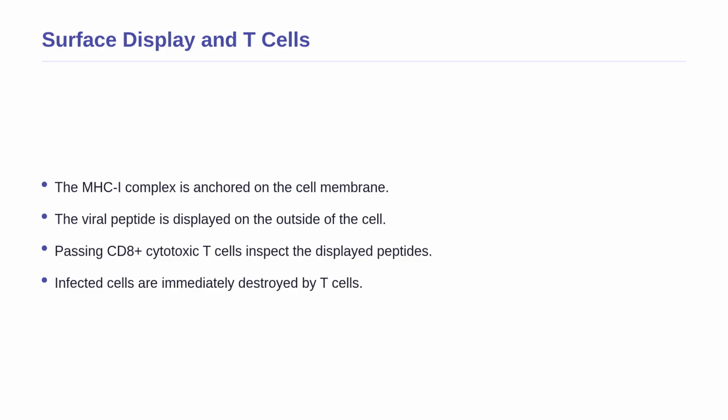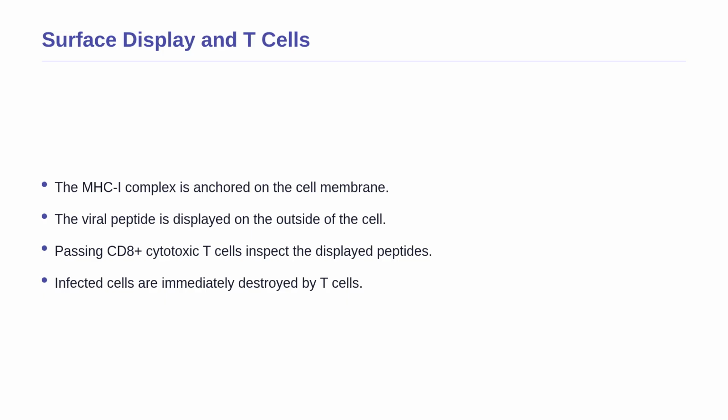Following its journey through the Golgi apparatus, the loaded complex finally reaches the cell membrane. Here, the MHC1 molecule is securely anchored, proudly displaying the viral peptide on the outside of the cell. This is the glass window facing the street. Passing immune cells, specifically CD8-positive cytotoxic T cells, act as the police force.